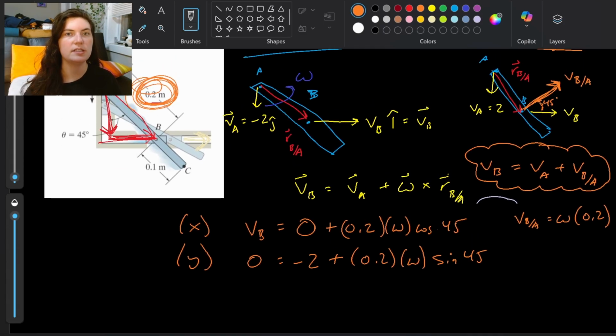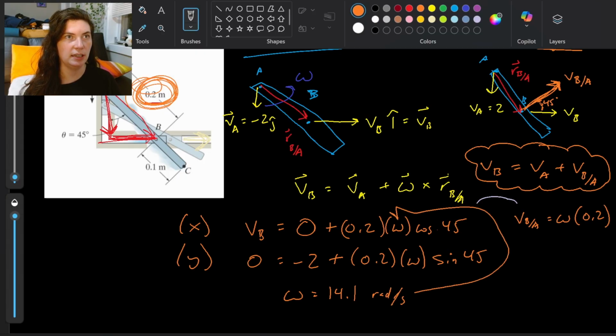So from there, it's the same process again: you've got 2 equations, 2 unknowns, you're just going to solve them. I'm going to use my y equation. With that, I can solve for omega, and again, I get the exact same 14.1 radians per second, which I can then plug in here, solve for VB, and we still get that VB is 2 meters per second.